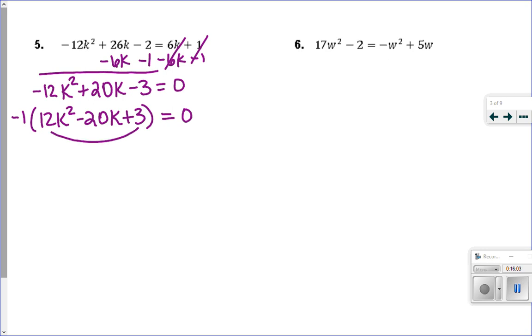So I'll do 12 times 3 first, which is 36. And I'll look for 2 factors of 36 that combine to a negative 20. And I'll realize that's got to be a negative 18 and a negative 2. I'll rewrite my trinomial into a 4-term polynomial because I'm going to split the negative 20 into a negative 18k and a negative 2k.